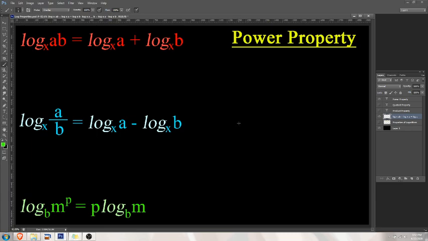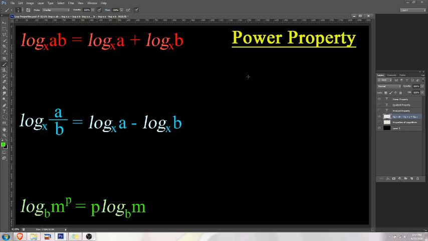Whenever we're talking about our power property, it's saying that if you've got the same base in both cases, and you have some sort of power inside your logarithm, so m raised to the p, this exponent here, we can actually move this exponent out in front of the logarithm. So the p moves out in front.